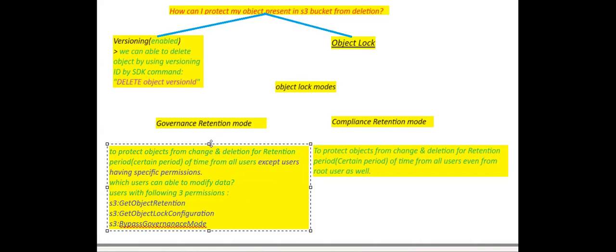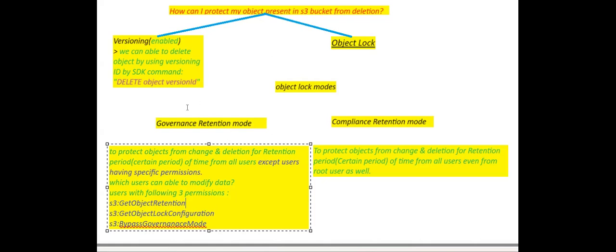In order to know the object retention, they have the get object retention permission. And in order to know the object lock configuration, which mode it is configured in, the user also needs to have get object lock configuration.